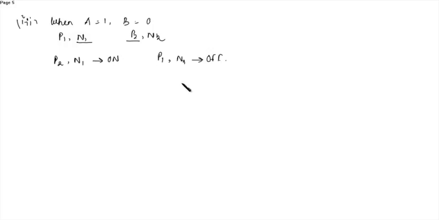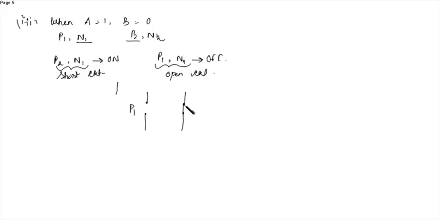So if we represent in the schematic, P1 is off. So this is represented as open circuit. And since this is on, this is represented as short circuit. So P1 is off. So this is open, P1. P2 is on.